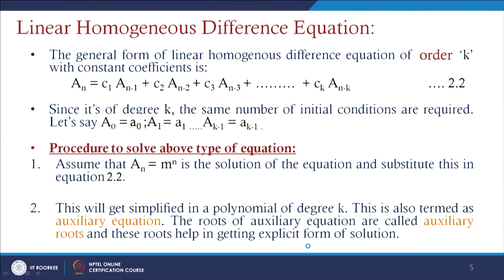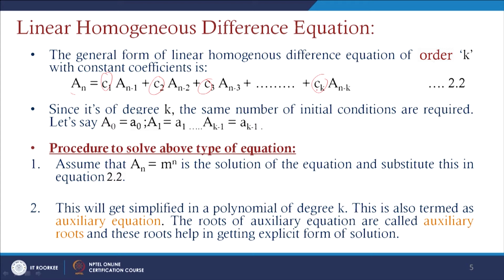To deal with such an equation, we will use the solution form for linear homogeneous difference equations. The general form of a linear homogeneous difference equation of degree k with constant coefficients is written as a n equals C1 a n minus 1 plus C2 a n minus 2 plus C3 a n minus 3 and so on up to Ck a n minus k, where C1, C2, C3 up to Ck are constants.